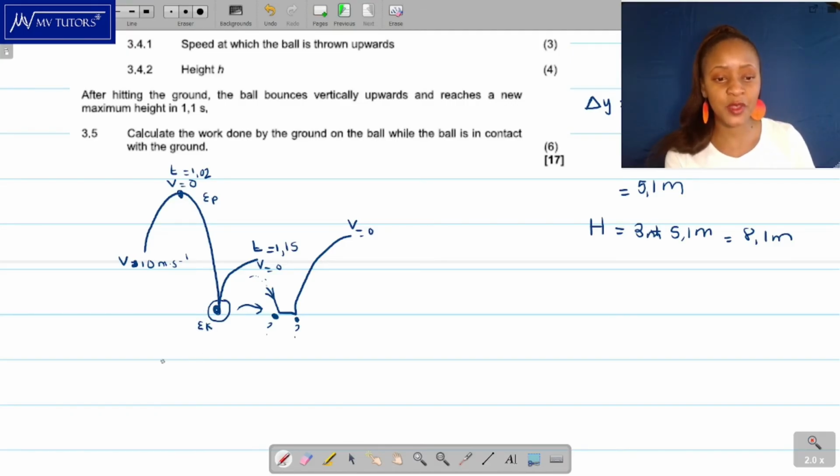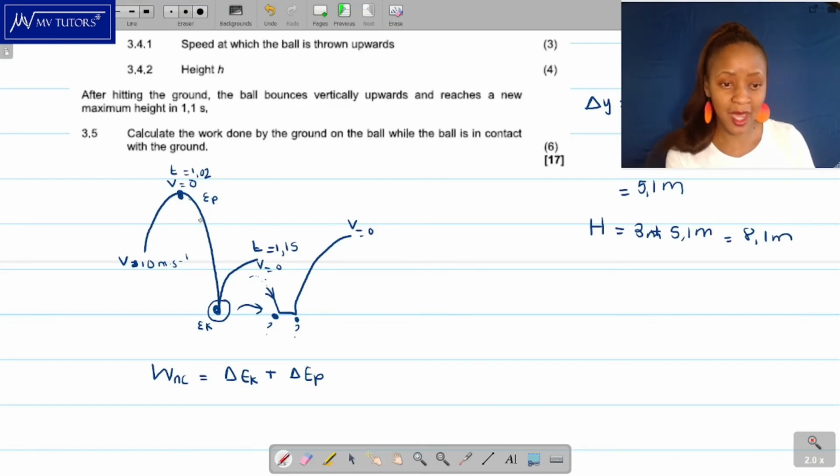So if you were to use your work equation for non-conservative forces, you would have delta EK, the change in kinetic energy, plus the change in potential energy. At that point there on top, that's where the potential energy is the highest, and that's where kinetic energy is 0.